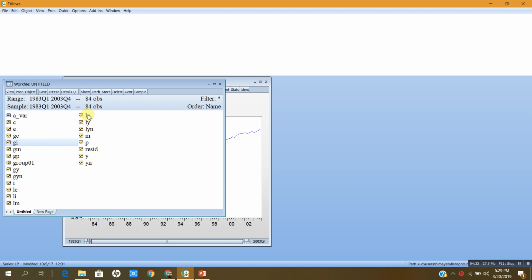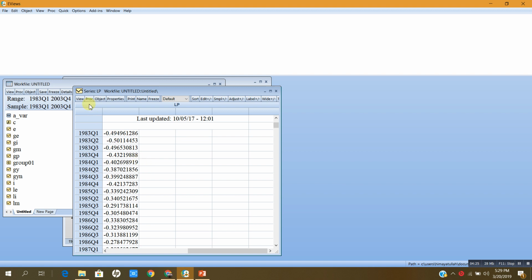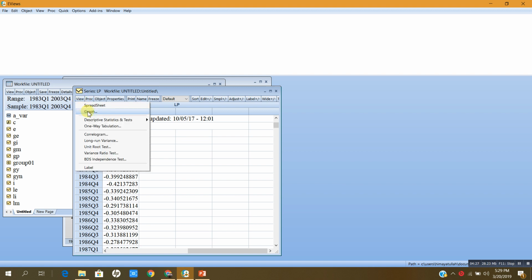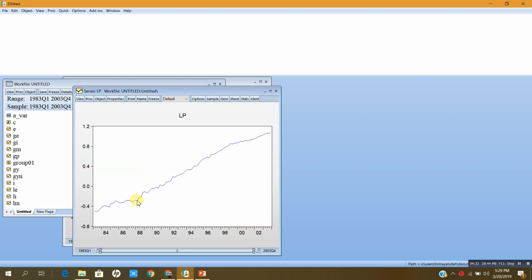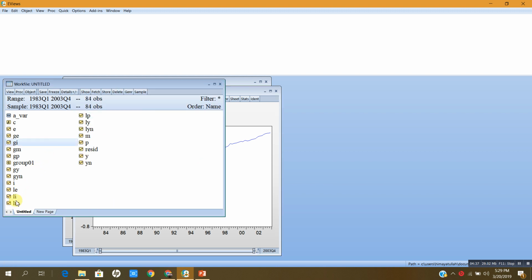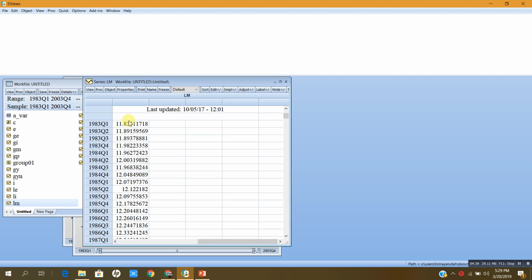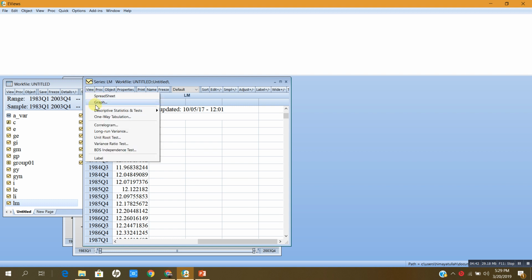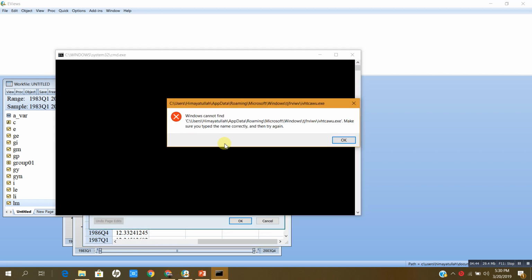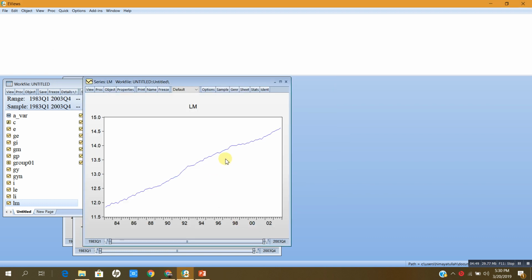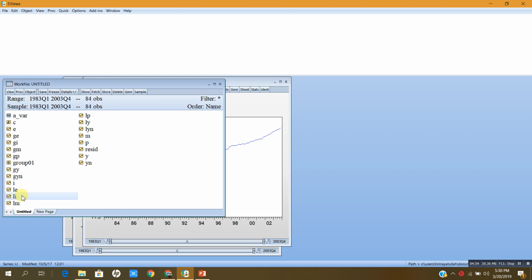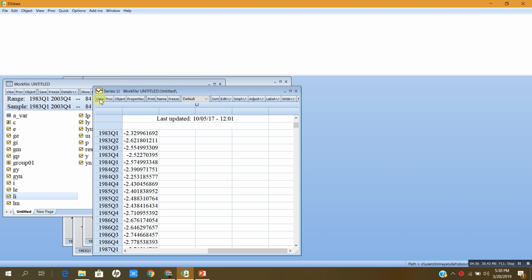This is my LP data. Again I will check its graph, and its graph also shows a positive trend. Now I will check the graph of log of money supply. Let me view its graph. So its graph also suggests there is a positive trend, and I think in all these variables there is a positive trend in the series.